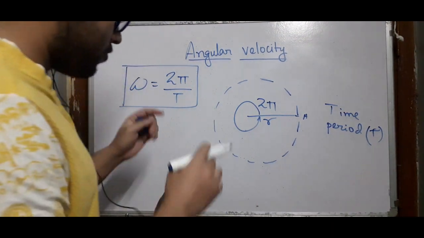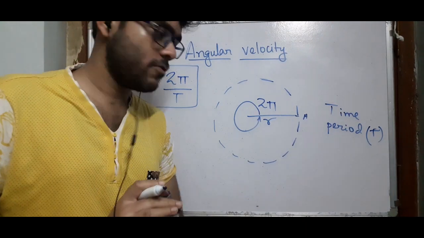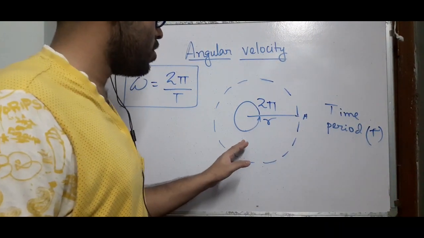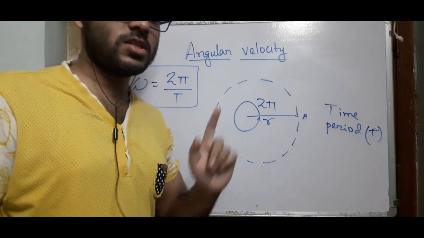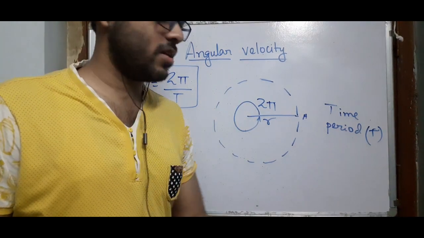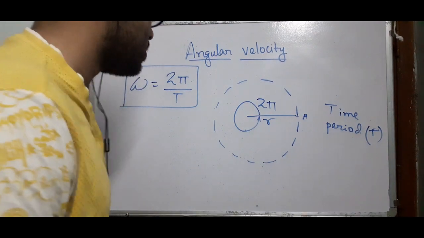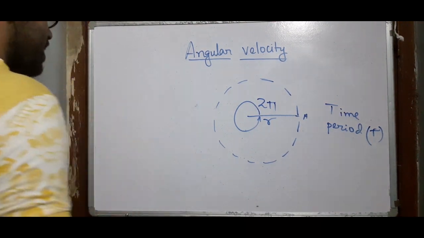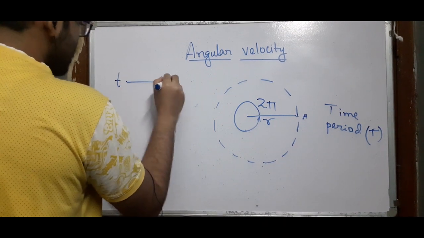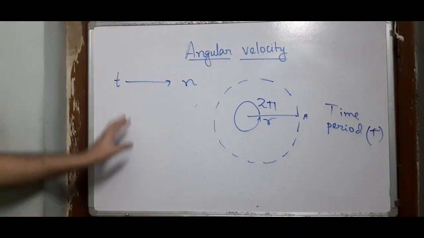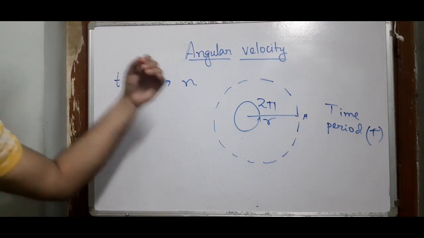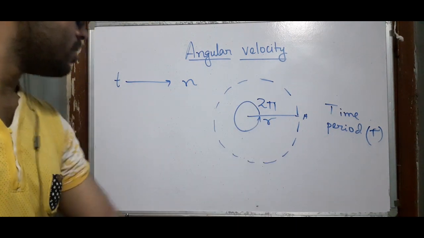Next, what is frequency? There is another concept known as frequency. The frequency is the inverse of the time period, that is the number of complete rotations done in 1 second or unit time. Let us take the particle completes n rotations in time t. So given a time t, the particle traverses n complete rotations of this track.